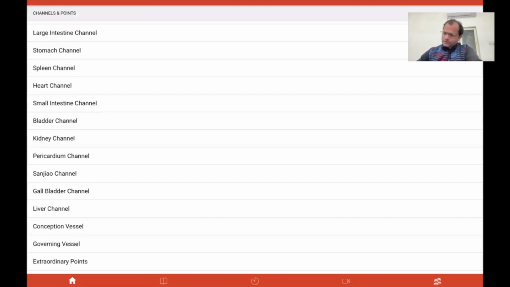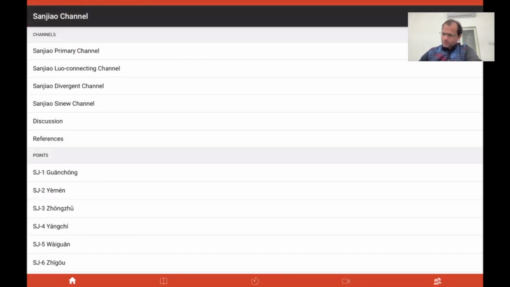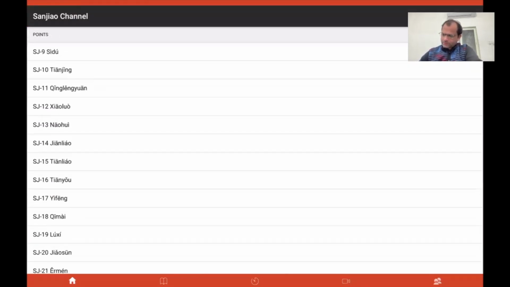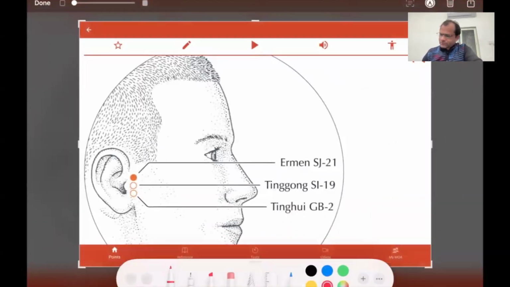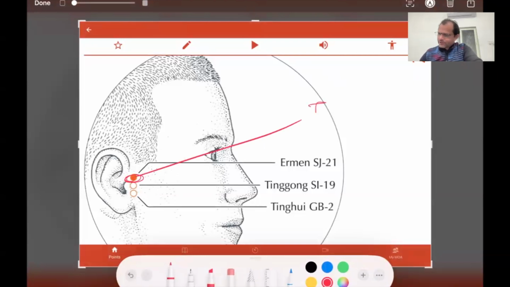So we can see the triple warmer 21 here, and we can feel the pulse here. A very strong pulse means there is excessive chi in the ear or eyes. A poor pulse means there is poor energy in the ear and eyes. So this is the location of triple warmer 21.